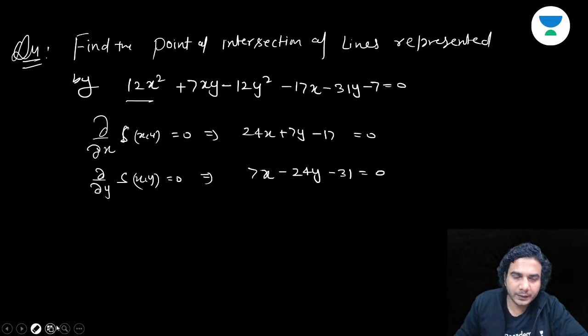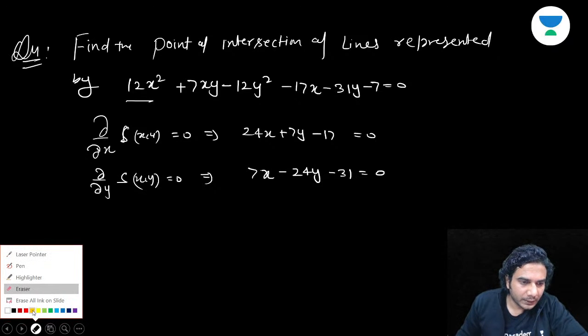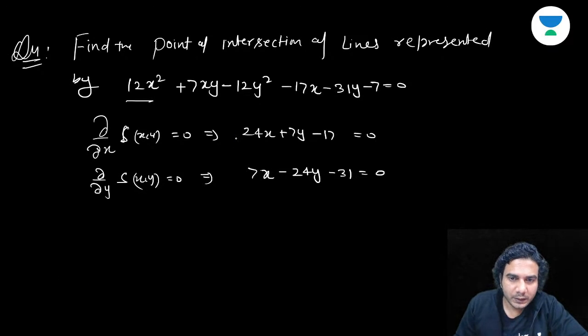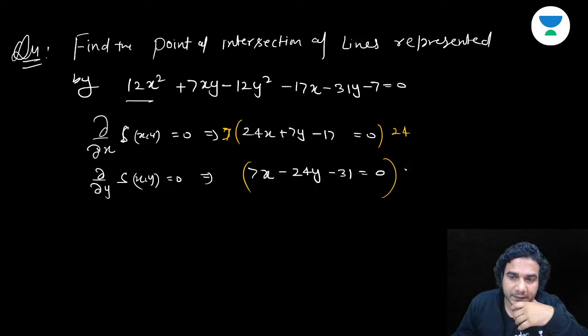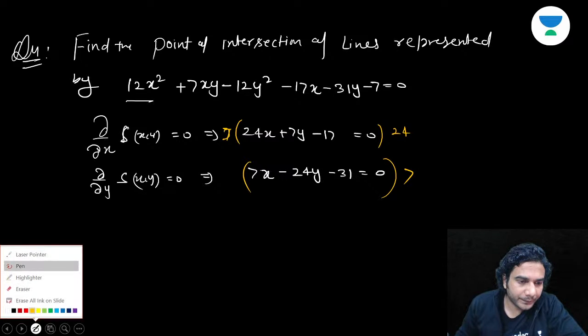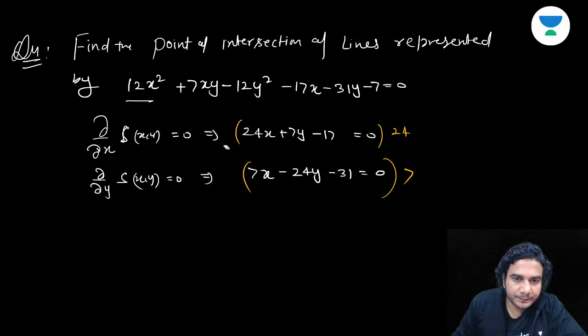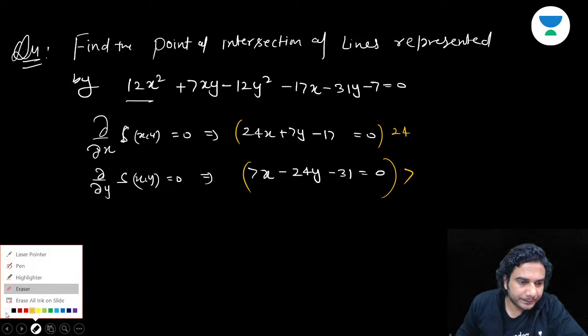This x will not be there. Now you need to solve these two equations. So let's multiply the first equation by 24 and the second equation by 7. We can cancel y in that way and add them.